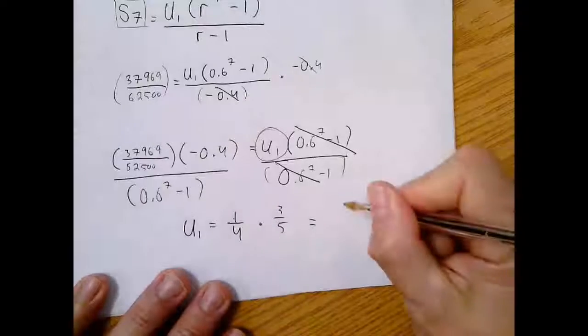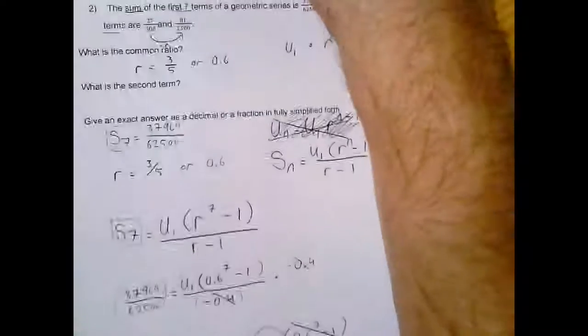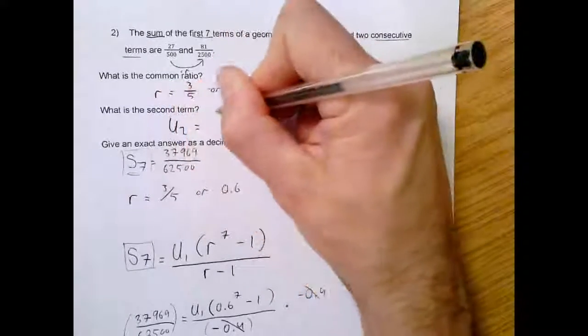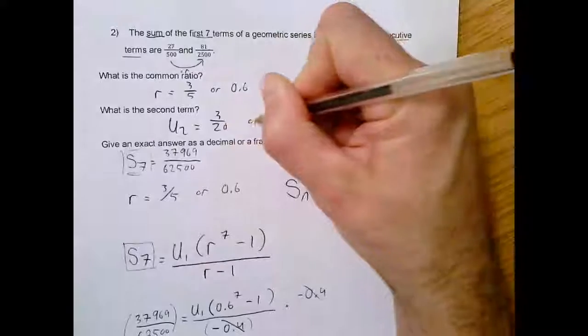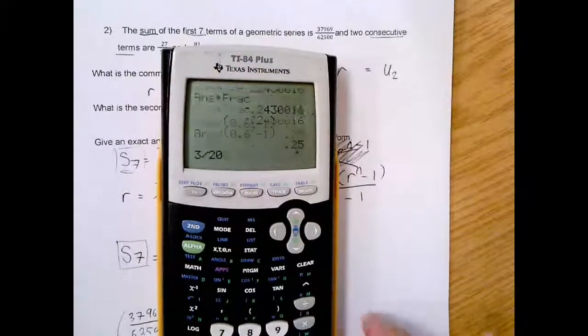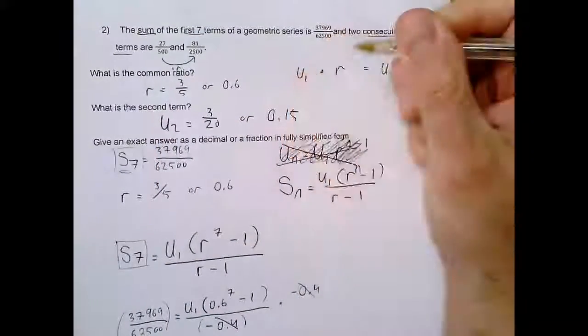So we just get 3/20. And there you go. You know that u sub 2 is 3/20. And if you're a decimal person, I guess we can do this. It is 0.15. Okay? And there you have your two answers.